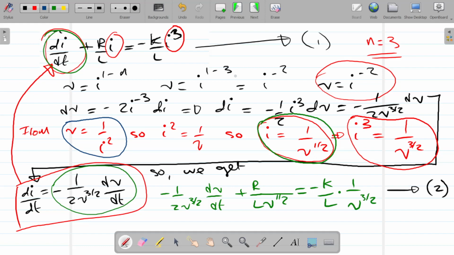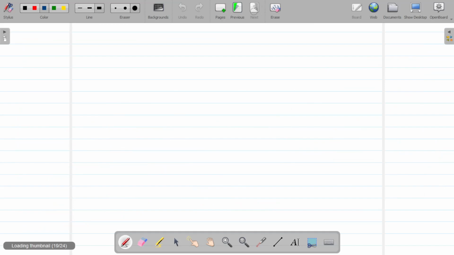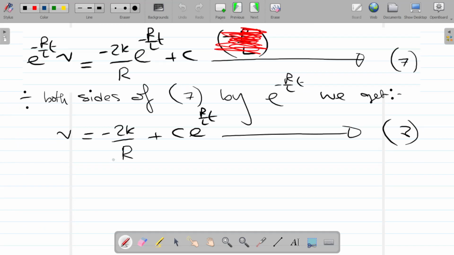V is equal to 1 over I squared, which implies that I squared is equal to 1 over V.